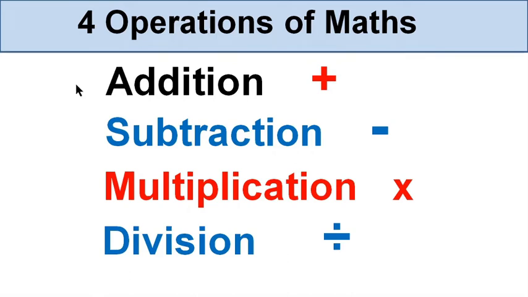But if we want to reduce a number, we must subtract or divide. So, there are 4 operations of mathematics: addition, subtraction, multiplication, and division.